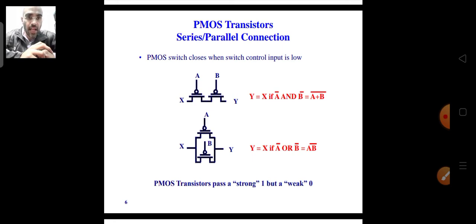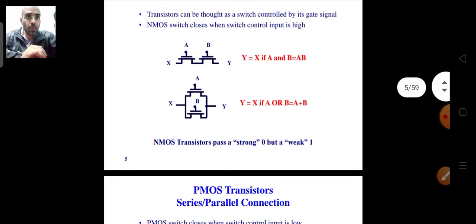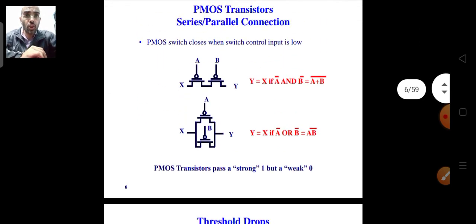And similarly, you understand that if we connect two PMOSs in series, then we can realize a NOR gate. So if we connect two NMOSs in series, we realize an AND gate, whereas if we connect two PMOSs in series, we realize a NOR gate.